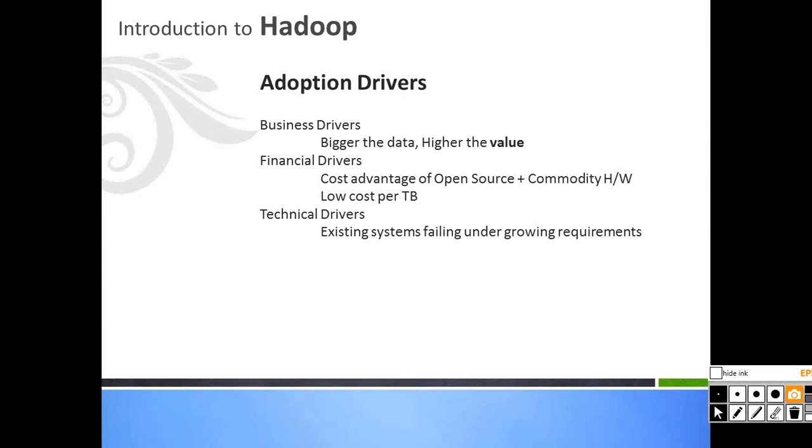I'll just give some numbers. In the Hadoop world, to have 1 GB in its repository and to process it takes, sorry, $4 per GB. Whereas in traditional warehouse systems, if the same GB has to be processed, it takes around $100. So that's the advantage the stakeholders will have.